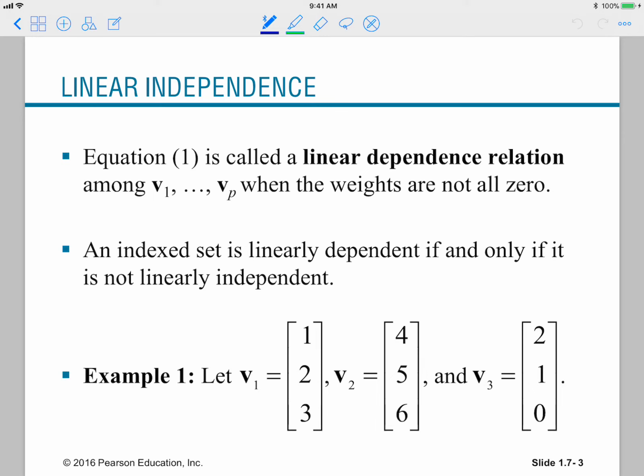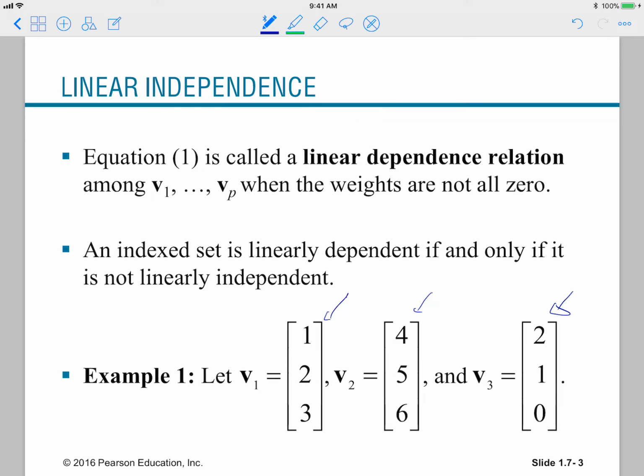So if your linear system has a free variable, it means your given column vectors are linearly dependent. On the other hand, if you don't have any free variable, that means all your variables are basic variables. In that case, your given column vectors are linearly independent.